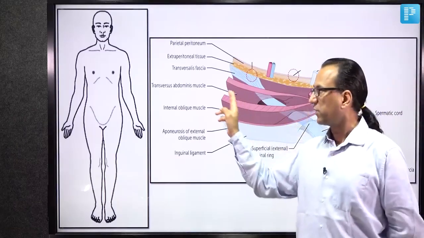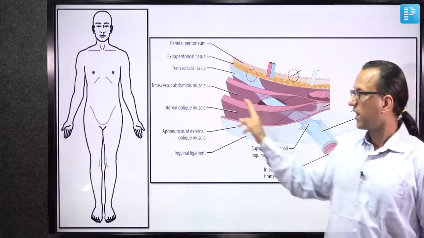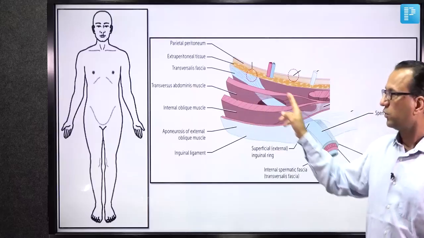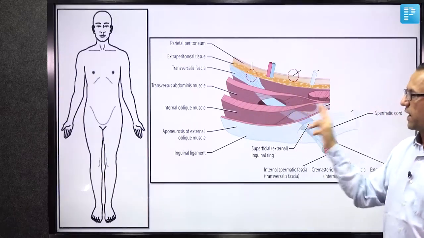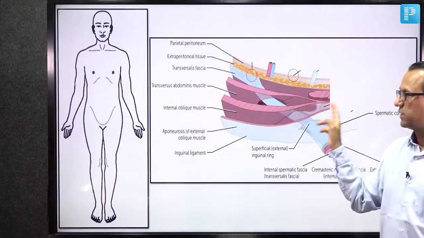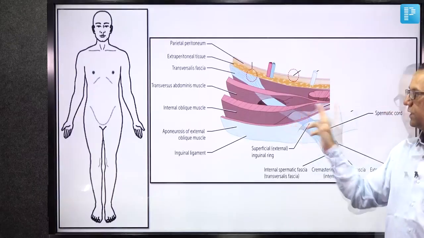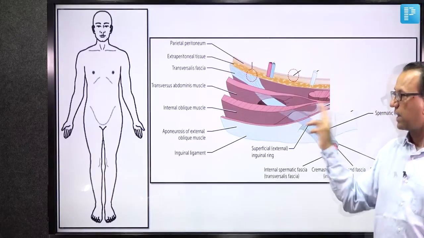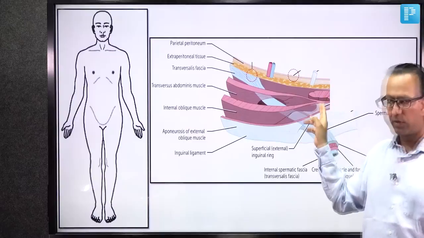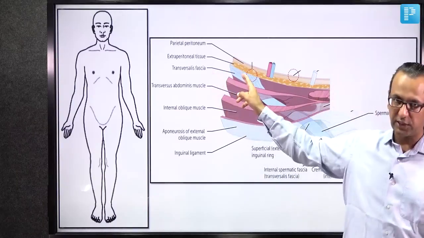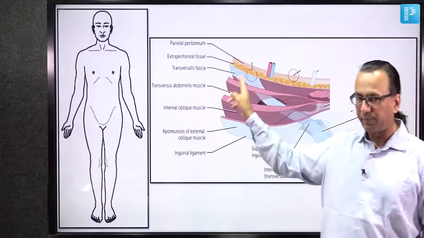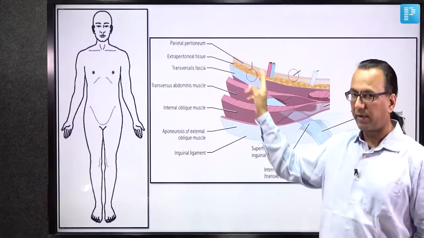Deeper to that is the transverse abdominis muscle, which is much more lateral, so it contributes only to the roof and the posterior wall of the inguinal canal. Posteriorly, it merges with the tendon of the internal oblique to form a conjoint tendon at the posterior wall of the inguinal canal, lying behind the spermatic cord passing through the canal. And still deeper is the transversalis fascia, which has an opening called the deep inguinal ring for the passage of the spermatic cord.